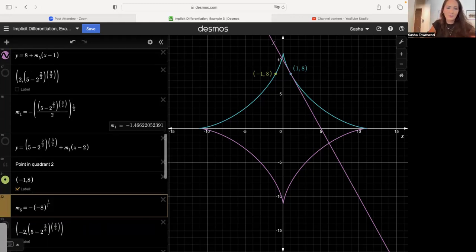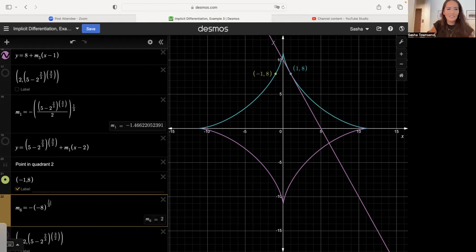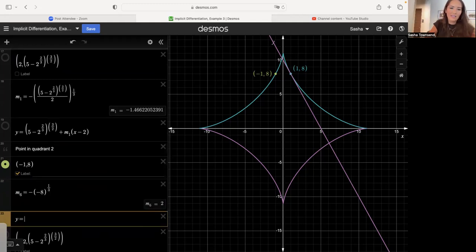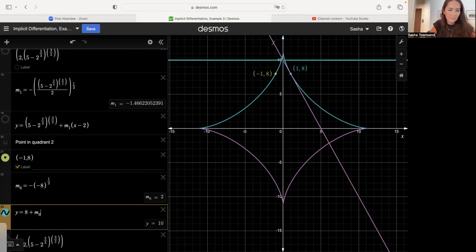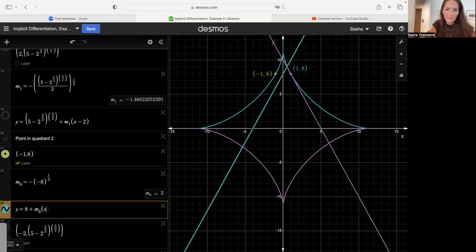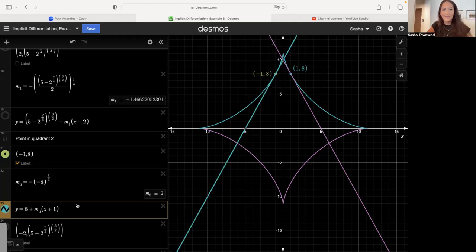And then we raise it to the 1/3 power. So we get a +2 that time. And then y equals the original y value plus the slope times x minus -1, which is x plus 1. And we get that line.